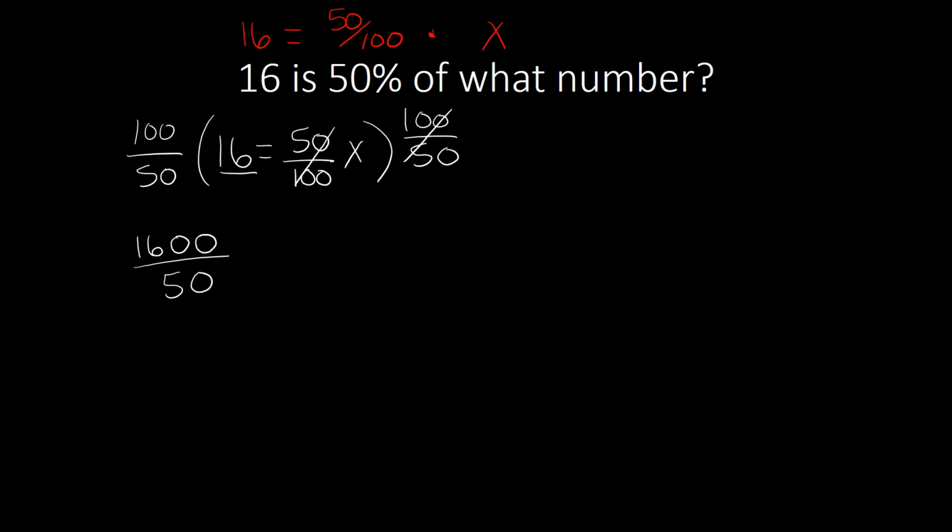Again, as a reminder, you can put that over 1 if that helps you. And that equals x. Well, 1600 over 50 equals 32. So that equals x. So 16 is 50% of 32.